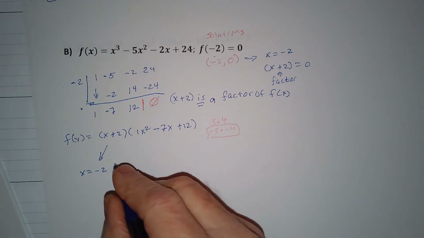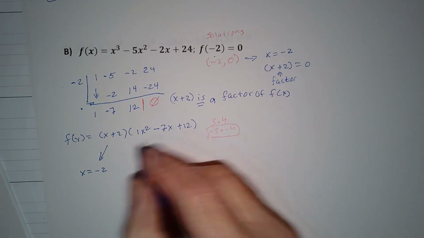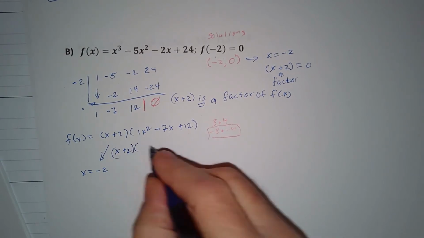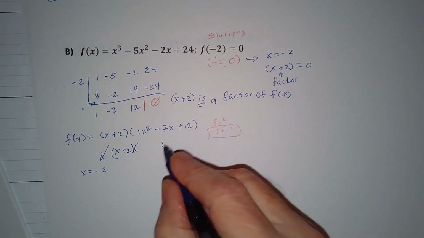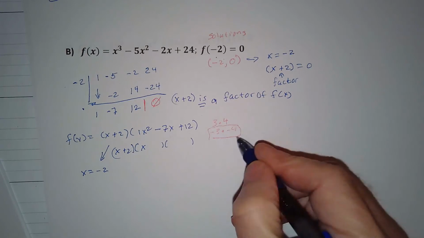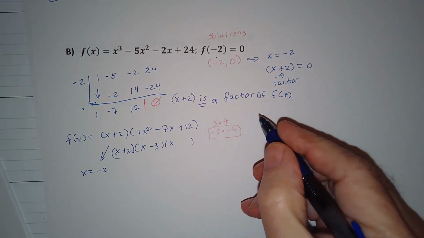So we'll go ahead and rewrite this as, let's put this x plus 2 over here. And then double bubble. And I've got x minus 3 and x minus 4.